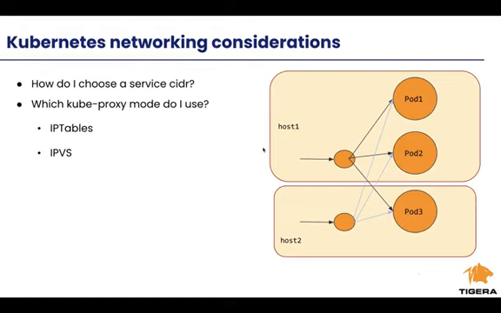By default, I believe iptables is the default mode, but there's another mode called IPVS, and as we get into this, there are links to some blogs that we've done in the past on the performance characteristics of iptables and IPVS, and when you might want to consider moving from iptables to IPVS as far as services when you reach thousands of services. So it depends on how many workloads are running inside your cluster and how many services you have. When you start to reach a certain scale, you might want to consider one of these options.